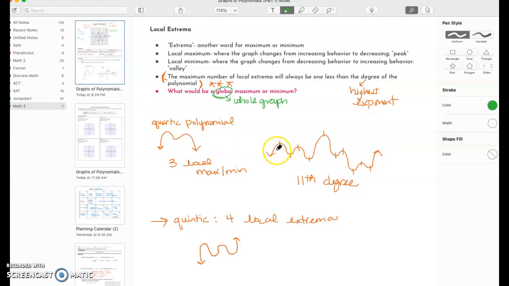But if it's something with an odd degree, the ends of the graph, we're going to talk about end behavior tomorrow, are shooting off in either direction, which means one side's going to negative infinity and one's going to positive infinity, so this one would not have a global maximum or minimum. So some important vocabulary, an important relationship there with the max or min on the graph that you'll need to use throughout the rest of this unit.